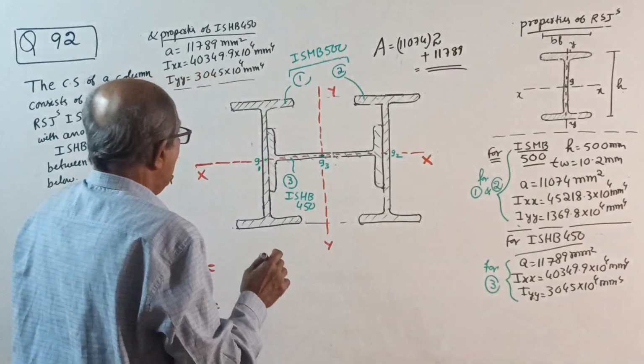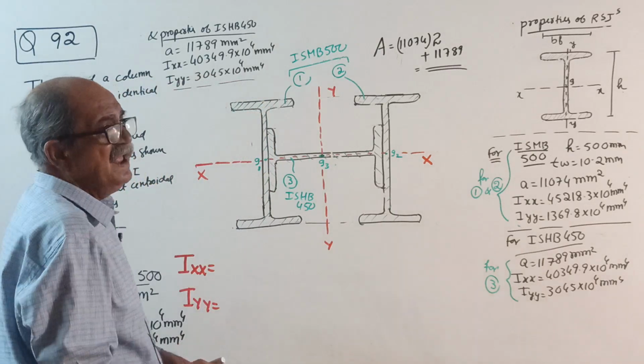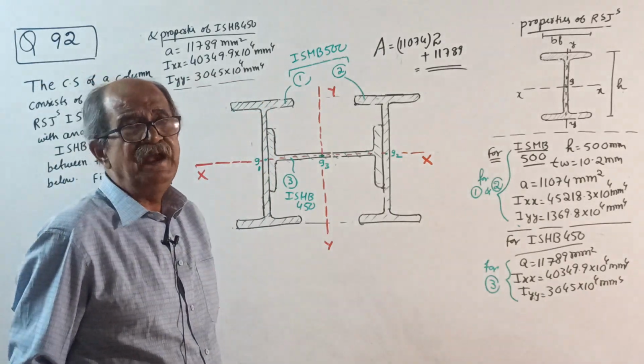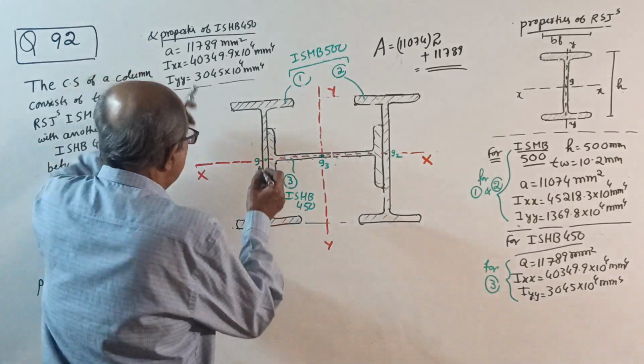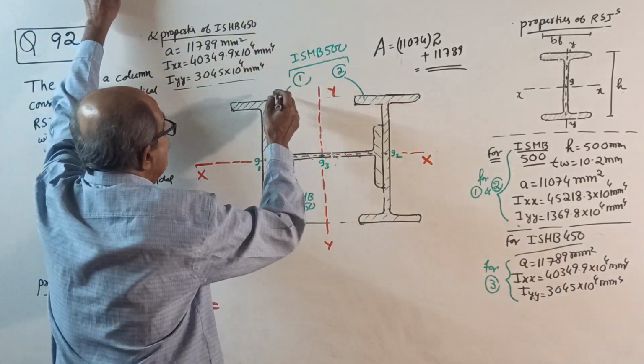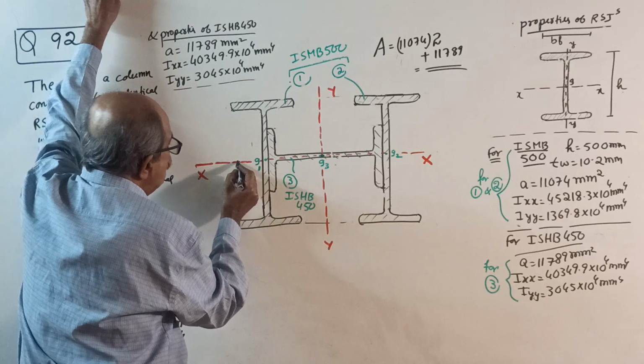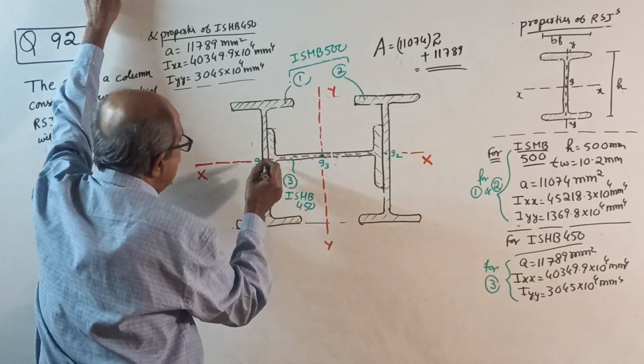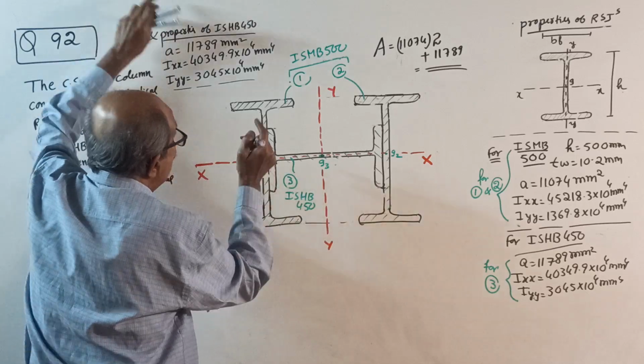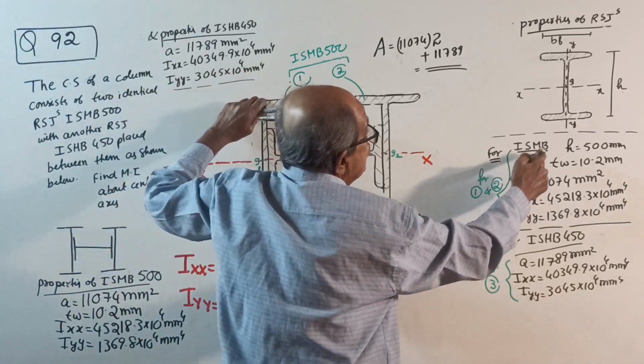Okay, now I about XX. Before finding I, write the usual statement. Okay, then start. First I'll do for 1, this one. I about its own centroidal axis. I about this axis. When you want 1, you should see here.